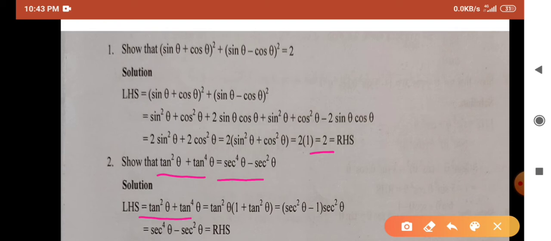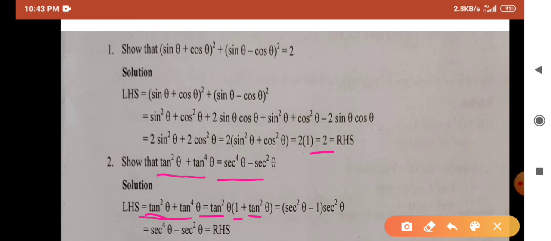Now here tan square is common on both sides, therefore we take tan square theta outside. Inside, what we get? Already tan square theta has come outside in the first term, only 1 remains inside, plus tan square outside means 2 outside, 2 inside, that is tan square theta. Tan square theta into (1 + tan square theta).